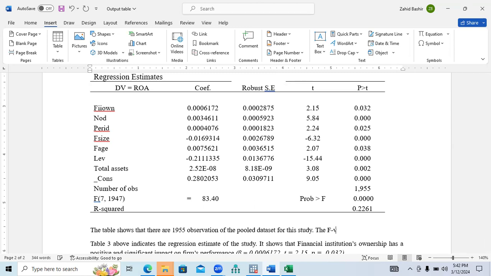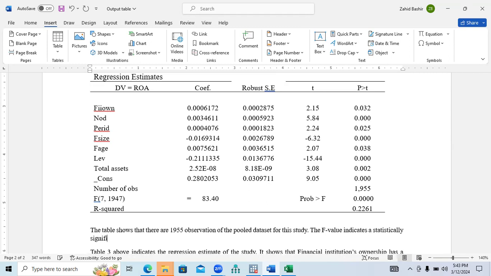The F value statistically shows the model is fit. You can indicate the value, which is 83.40, with the p value as 0.40.